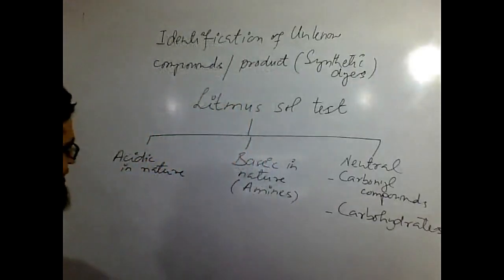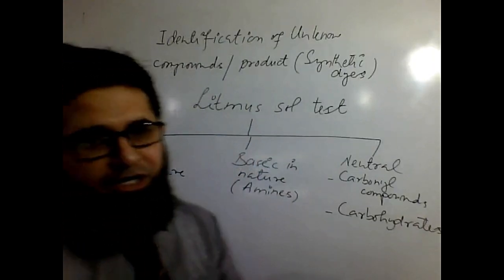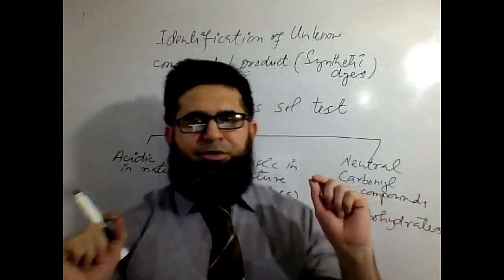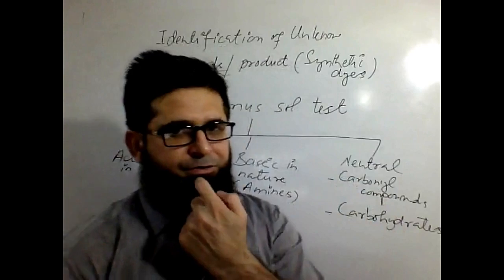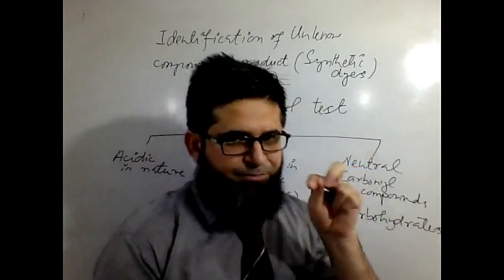When we moved into the acidic nature, once you perform the litmus solution test on any unknown compound, the litmus solution confirms the given compound is some sort of an acid. Then I explained to you guys those acids could be only of two types.